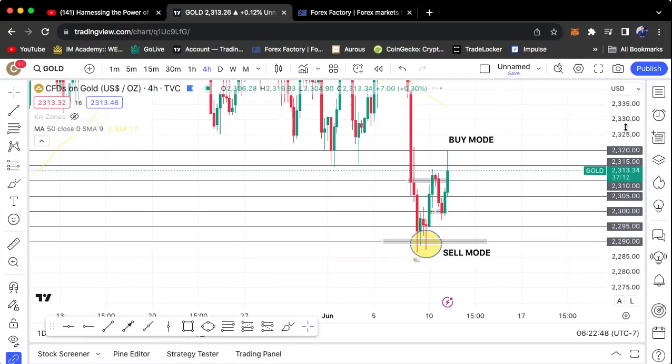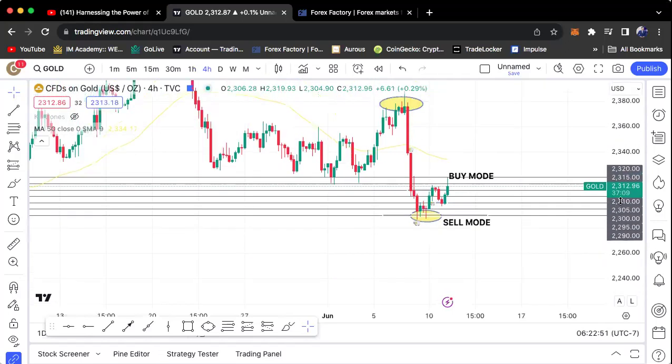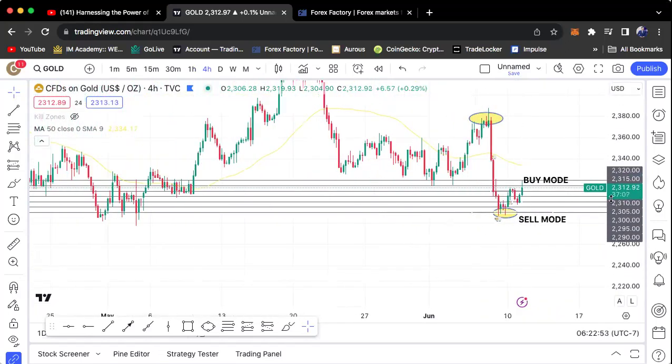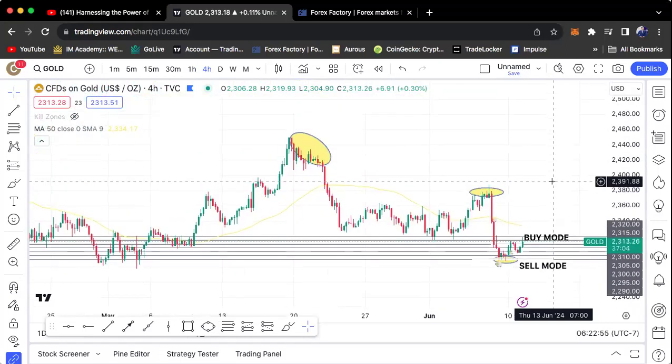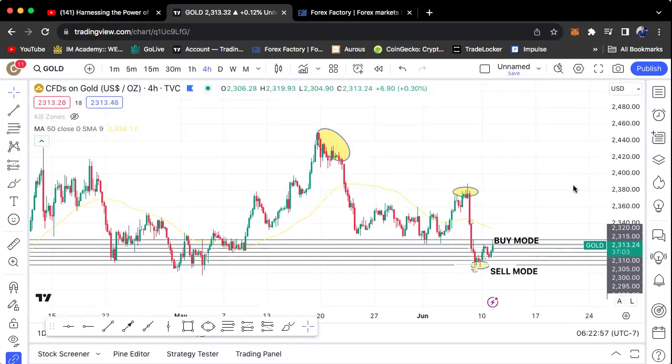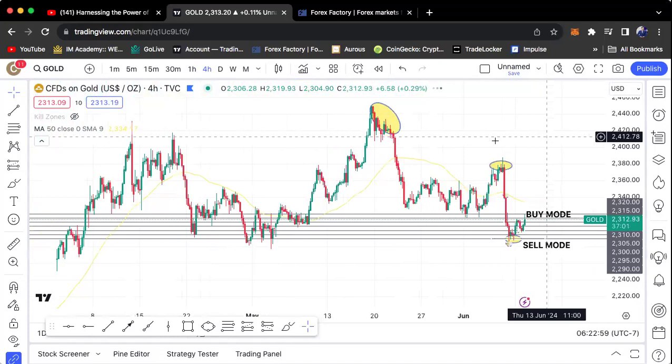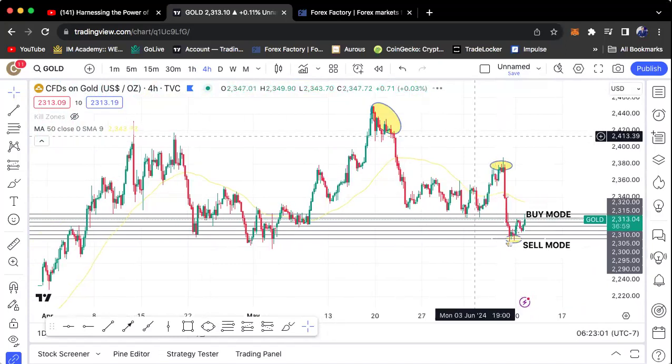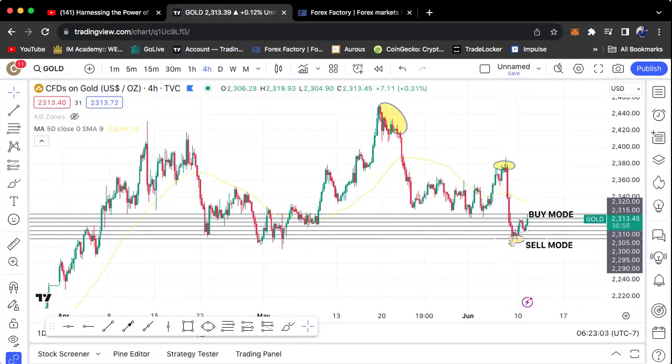Let's see here. Let's look at the 4 hour. I like to look at the 4 hour for the overall market direction. Okay. CJ, can you do me a favor and drop the 8-step confirmation checklist in the chat? For those that don't have it, I follow these 8 steps.